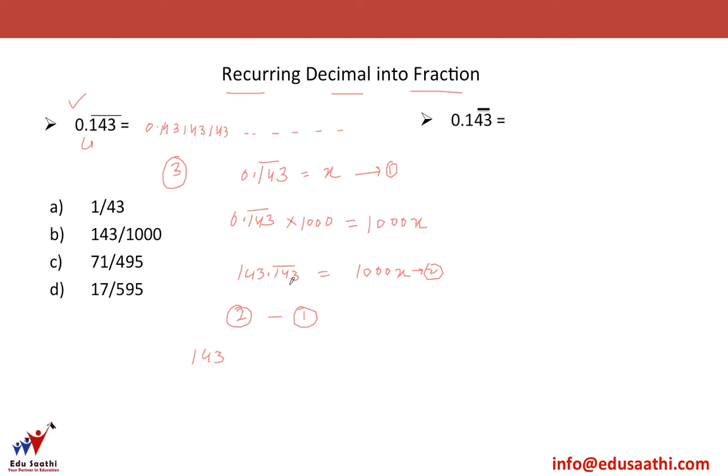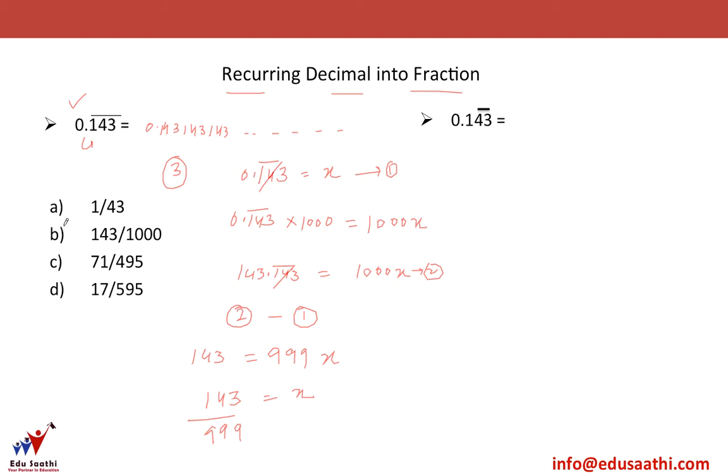So 0.143 bar here and here will cancel out and I'll only be left with 143 is equal to 1000x minus x, which is 999x. So x comes out to be 143 divided by 999.